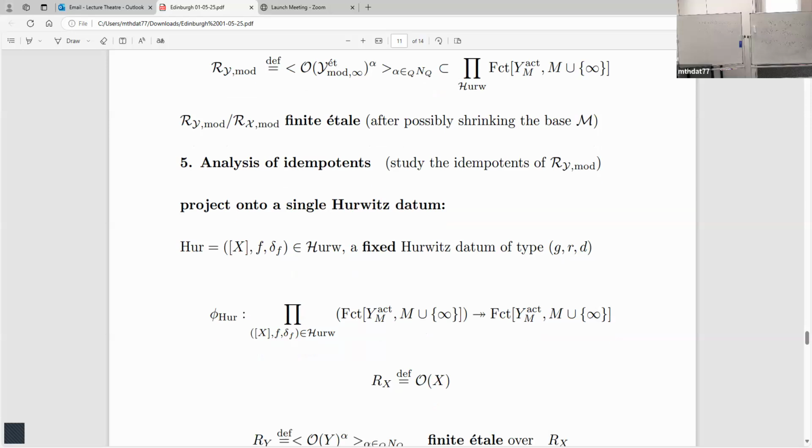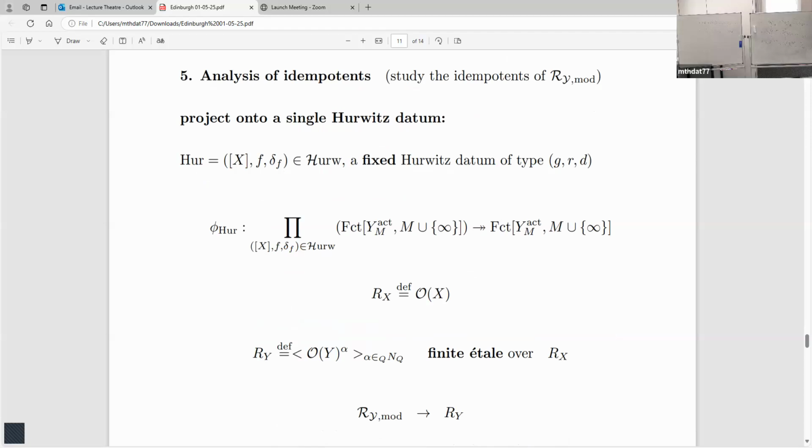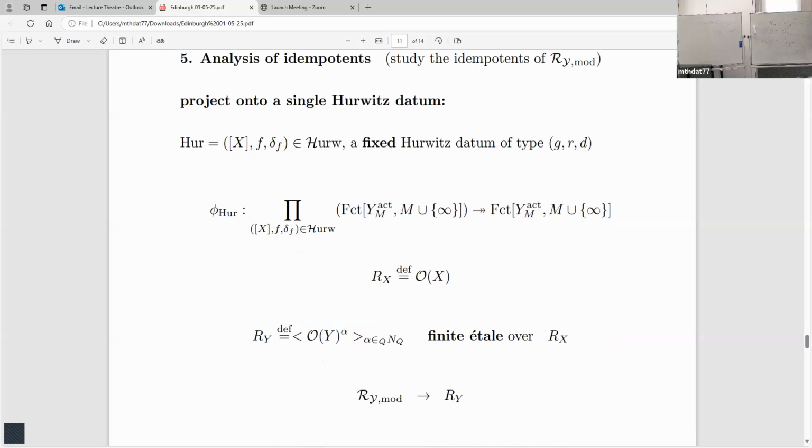Okay. So in order to analyze the idempotents, we project into a single Hurwitz datum. We want to use this result that was mentioned by Mochizuki and appeared also in the talk by Tsujimura. But if you remember, this result is relative to a fixed curve over a field. So here we have a family of covers.